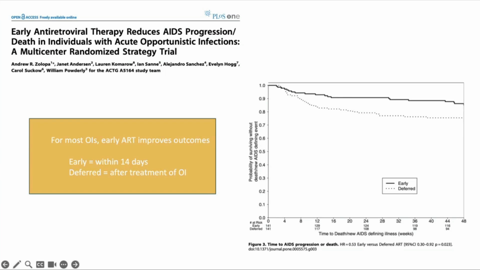And people did much better in terms of time to death or a new AIDS defining illness if ART was started within 2 weeks. There are a variety of other studies that show similar results. For many, though not all OIs, we ideally would start ART within 2 weeks after diagnosis.